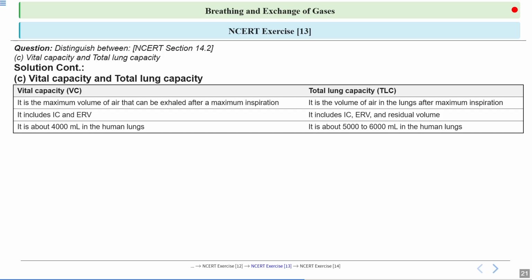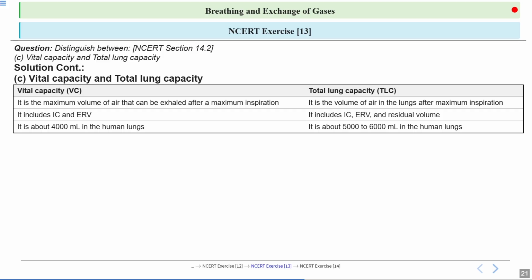Vital capacity is the maximum volume of air a person can breathe out after the forced inspiration, right? So this includes ERV and inspiratory capacity. If you do not take the inspiratory capacity, you can say ERV, TV plus IRV, because TV plus IRV is inspiratory capacity.